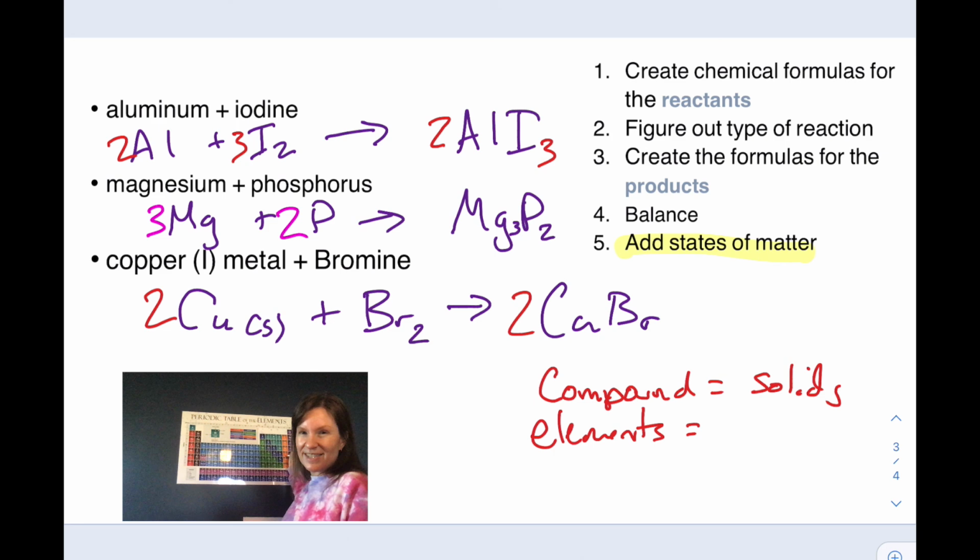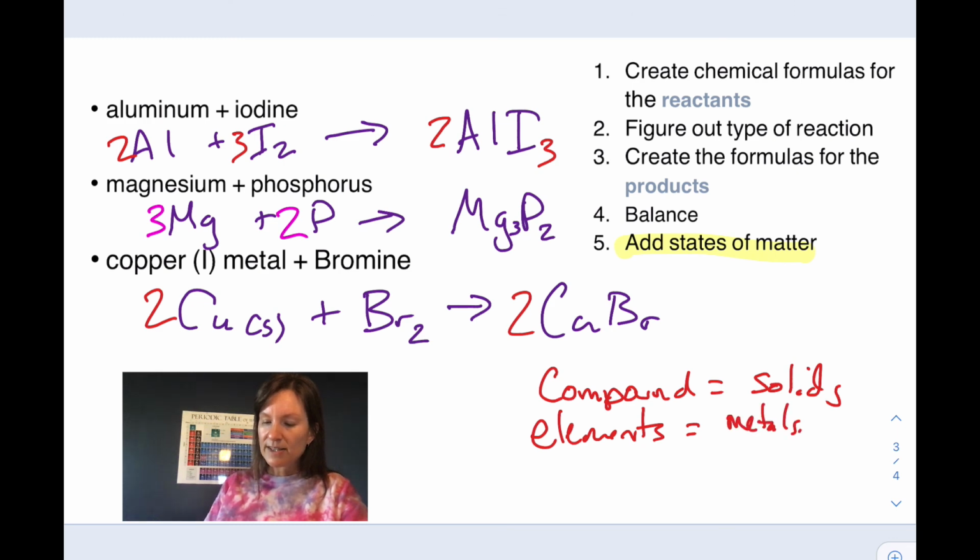The halogens tend to be gases. Fluorine and chlorine are gases, and then bromine's a liquid and iodine's a solid, but if you gave me all halogens as gases, that'd be fine. Essentially, most of your diatomics are gases. So for the elements in terms of the states of matter, metals will be solids, and your diatomics in general will be gases.